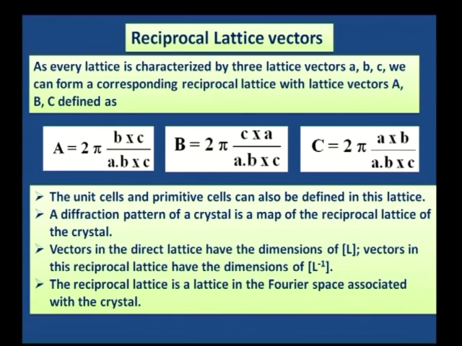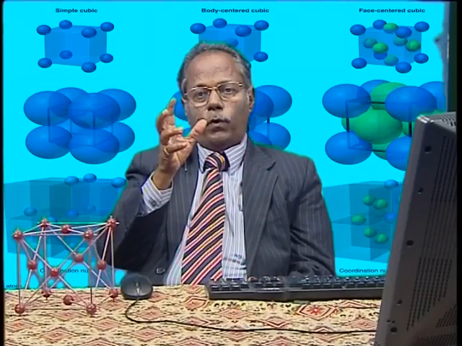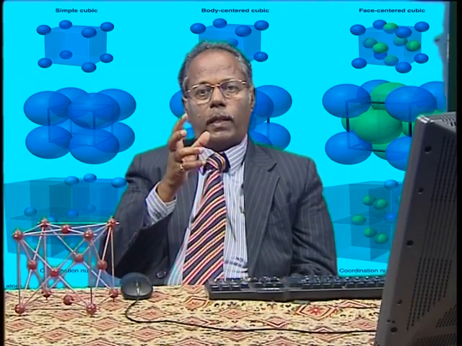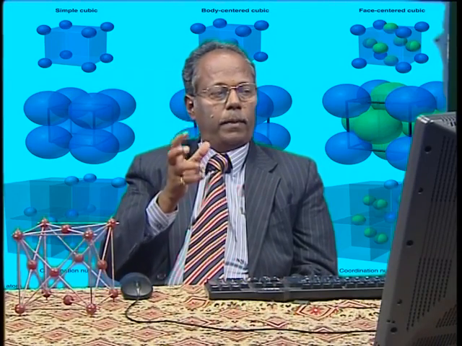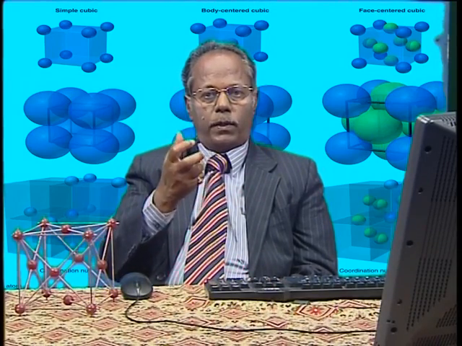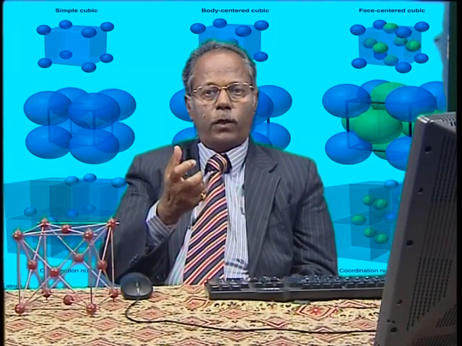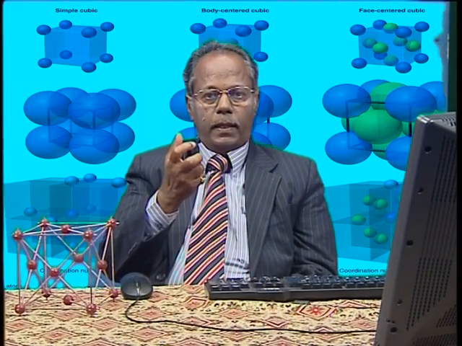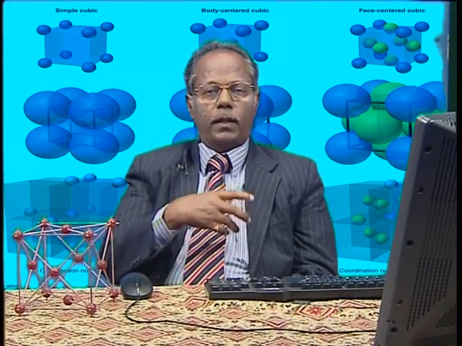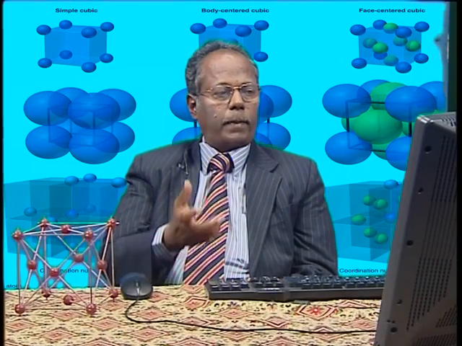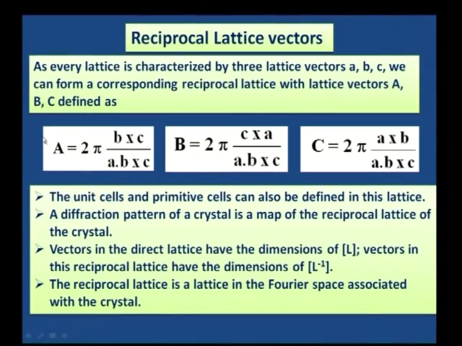The unit cells and primitive cells can also be defined in this lattice. As every lattice is characterized by 3 lattice vectors a, b, c, we can form a corresponding reciprocal lattice with lattice vectors A, B, C defined by the following relations. When you know the direct lattice vectors a, b, c, which are the small letters, then you can define the translation vectors in reciprocal space, capital A, capital B, capital C. Now, what about the direction of A?